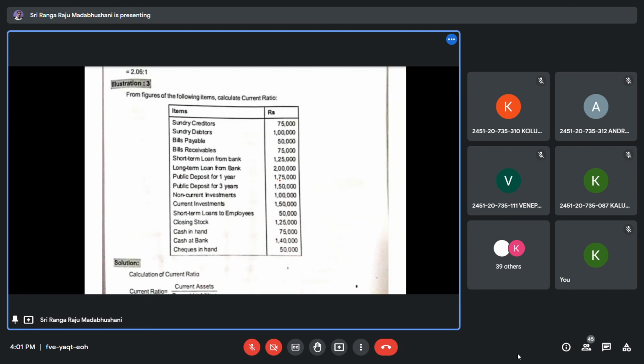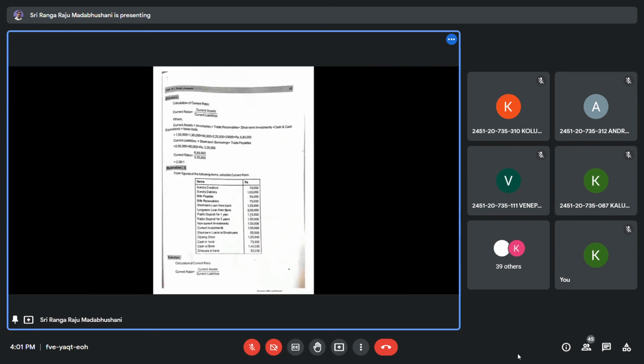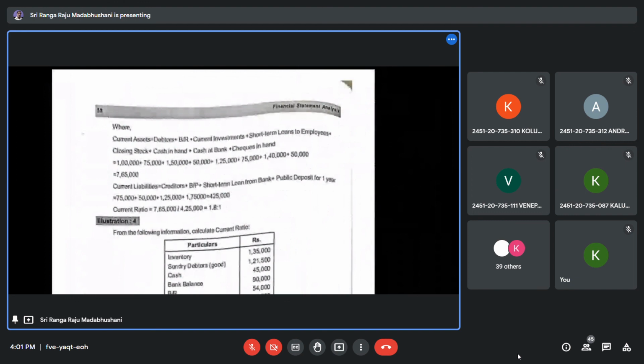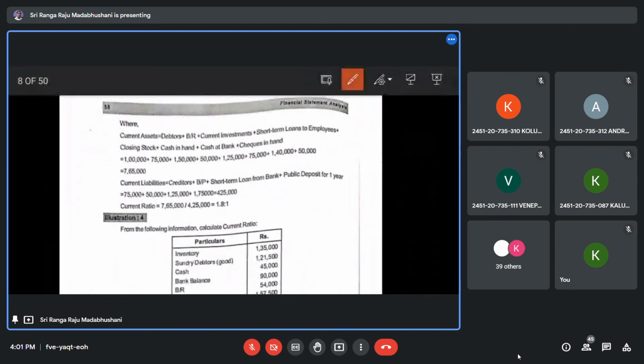Now the answer. Bills receivable, current investment, debtors, short-term loans to employees, closing stock, cash in hand, cash at bank, cheques in hand.